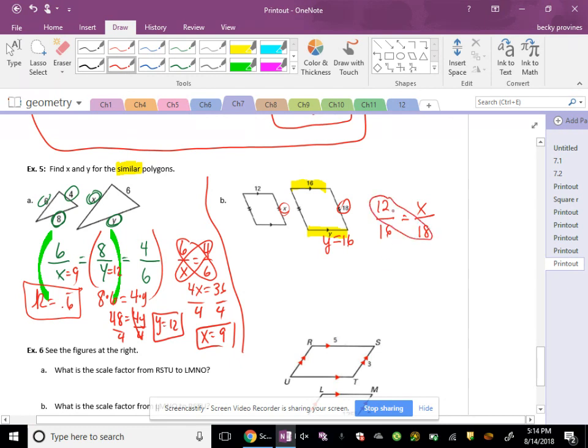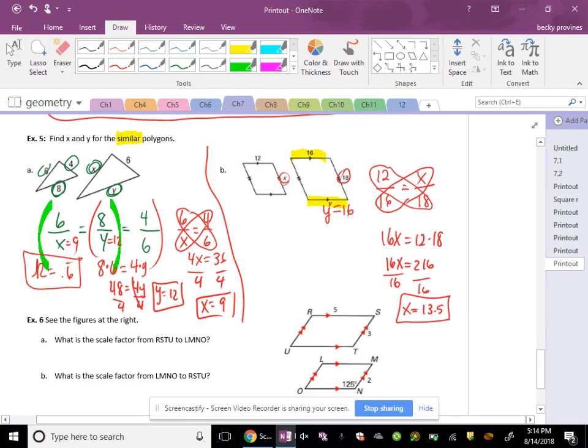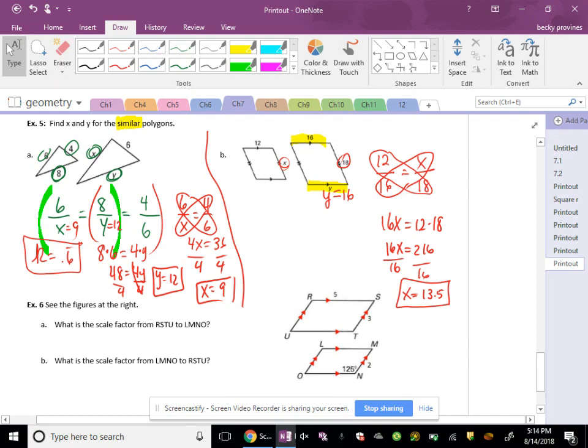So let's cross multiply. 16x equals 12 times 18. So 16x equals 216. I divide by 16 and I get 13.5. And that's it. I solved for x, I solved for y. Done.